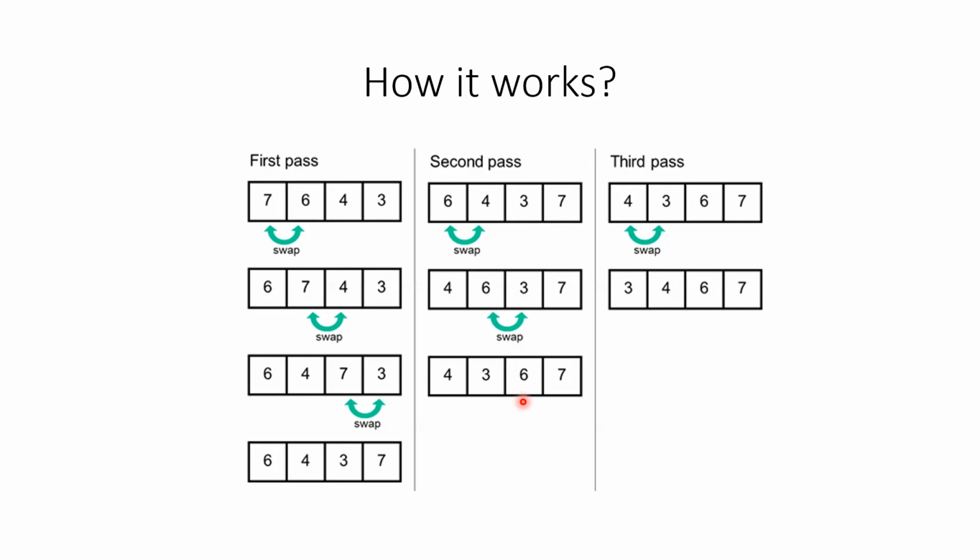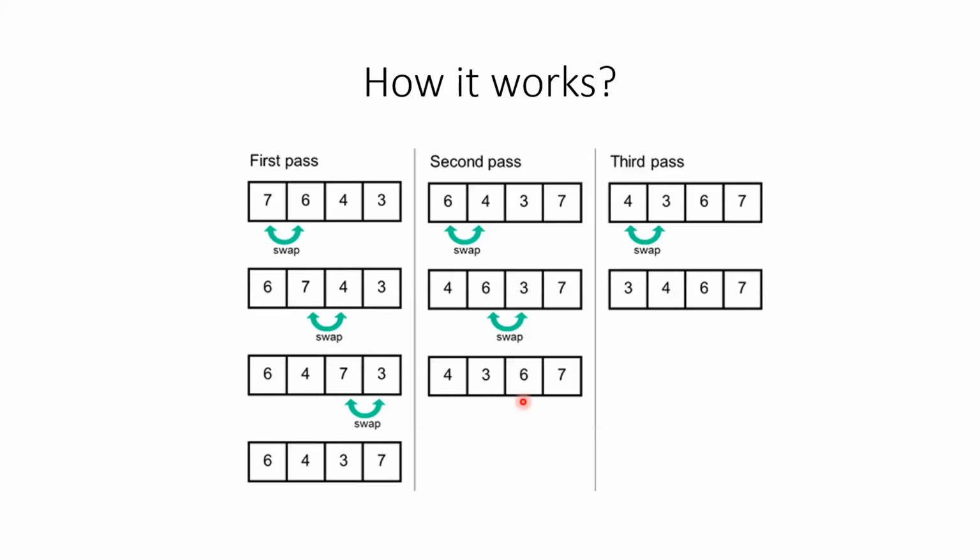You can save the comparison time because 7 is in the last position. You need not check whether it is greater than 6 or not. It will definitely be greater than 6. You can take other examples also and see.